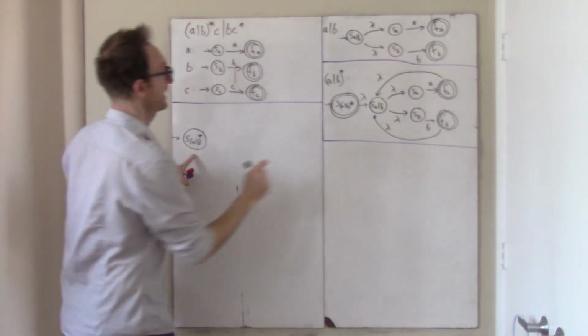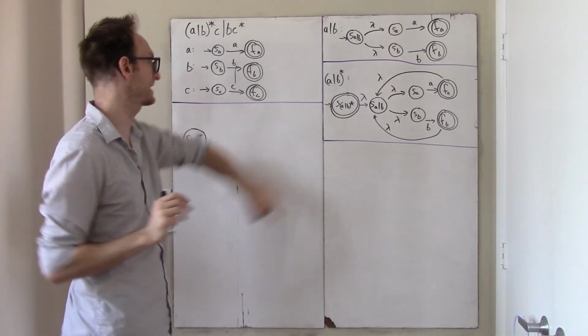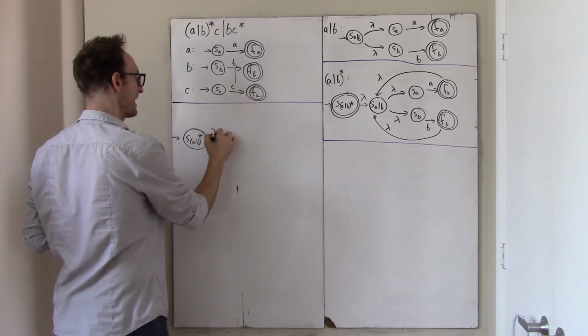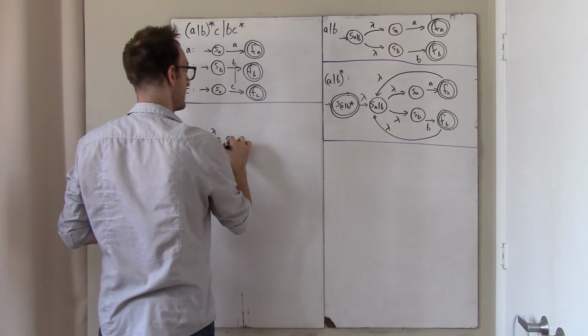So I hereby take this machine, I remove its accept state status, and now I'm mostly just copying this machine.